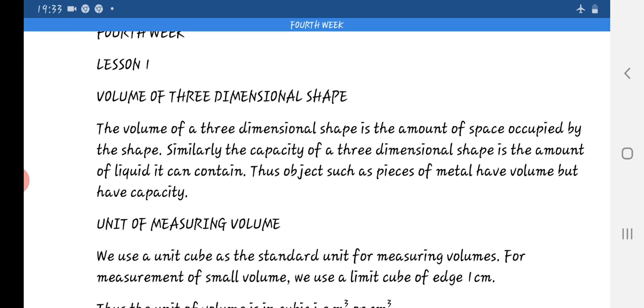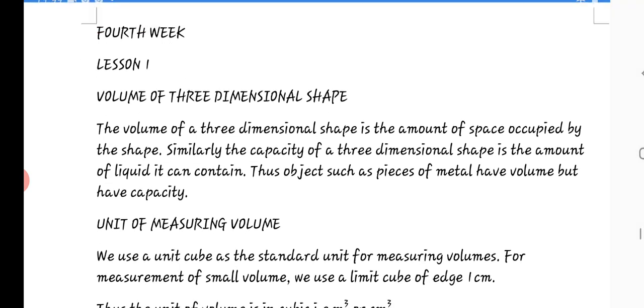The volume of a three-dimensional shape is the amount of space occupied by the shape. Similarly, the capacity of a three-dimensional shape is the amount of liquid it can contain. Like a tank, what is the capacity of a tank?